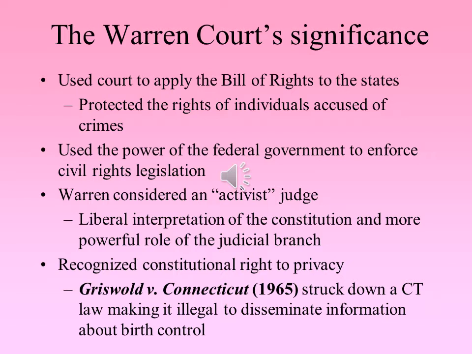In this particular Supreme Court case, the court struck down that Connecticut law, so it used its ability of judicial review in that way. This right to privacy will set the stage for the Roe versus Wade case that I'm sure you're all familiar with, which makes abortion legal in all 50 states, again, based on that right to privacy. So this ruling in Griswold versus Connecticut sets a precedent for later rulings.